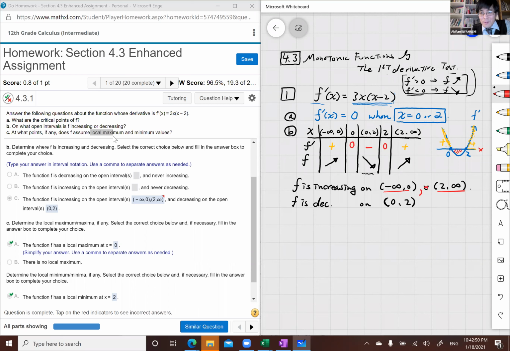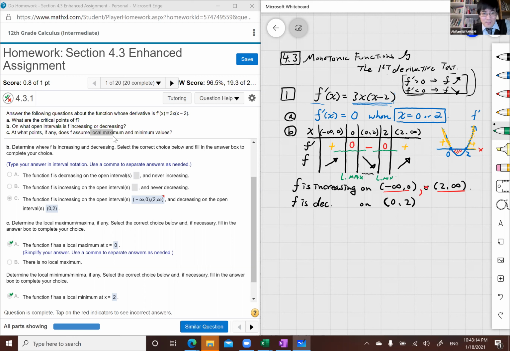At this point, you see the graph is increasing, then changes to decreasing. So this is going to be the local maximum. And changing from decreasing to increasing, that's the local minimum. We do not have an endpoint, so we are not going to check in this case.